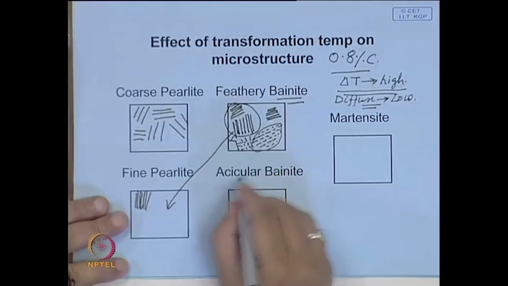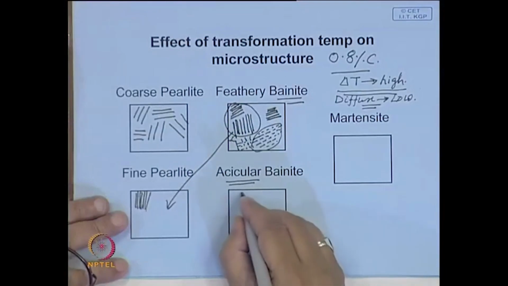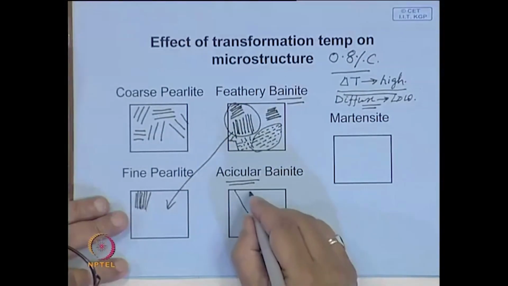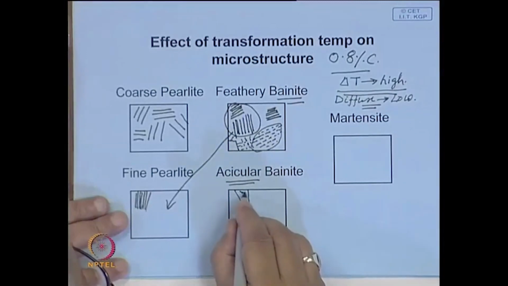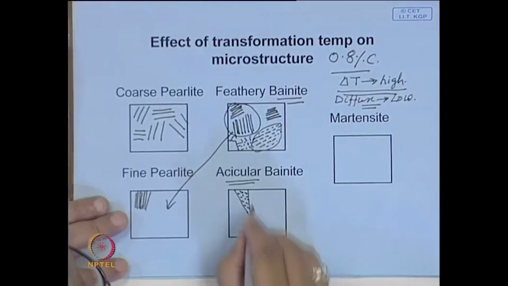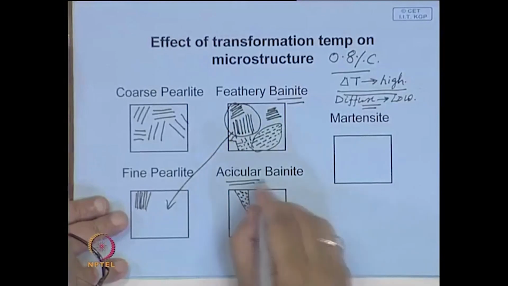And again you have another kind of bainite. Here what happens, you have some platelets of ferrite nucleating, and then you have some types of carbide. These are metastable carbides, these are even finer, and this type of structure is called acicular bainite.